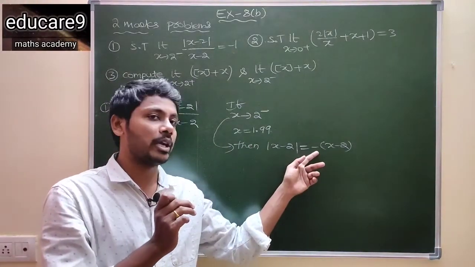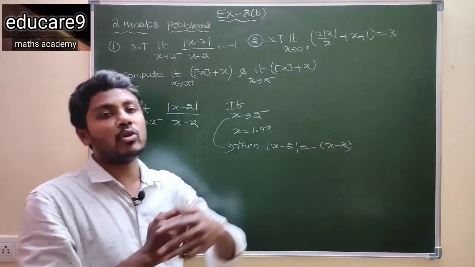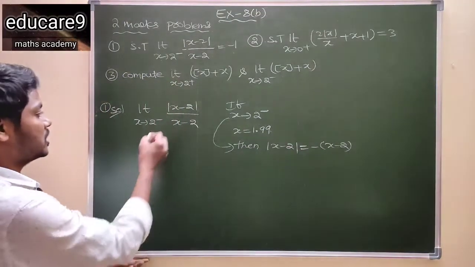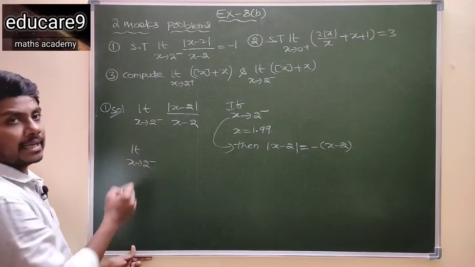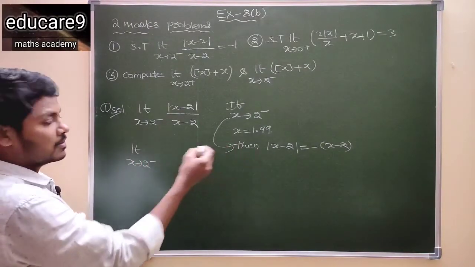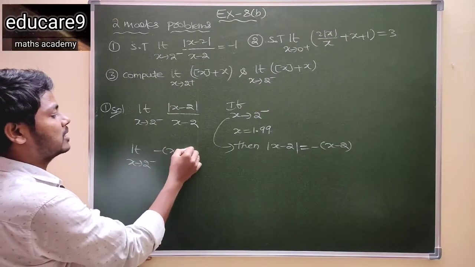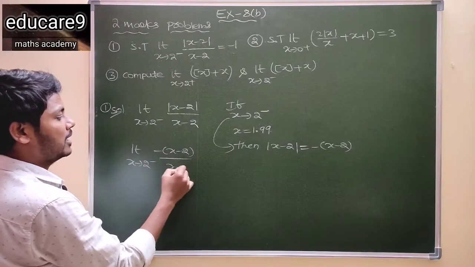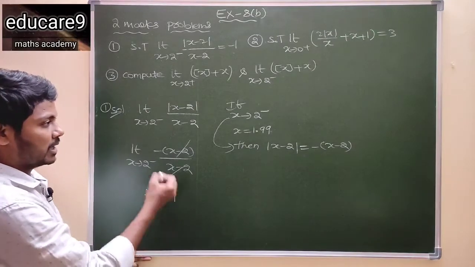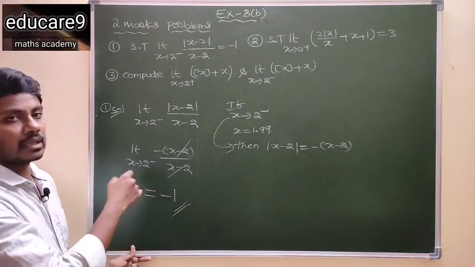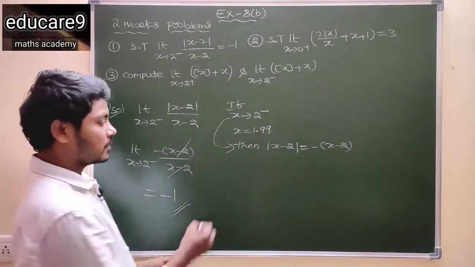So that's why here we have to take negative of x minus 2. Now this is limit x tends to 2 minus, so what is this value? Minus of x minus 2, divided by x minus 2. So x minus 2 gets cancelled, you will get minus 1. So this is the required answer.